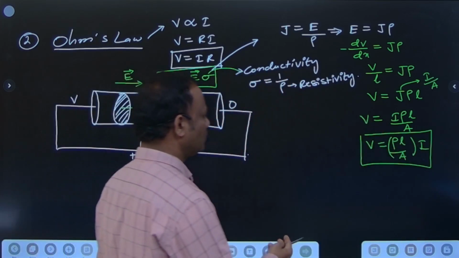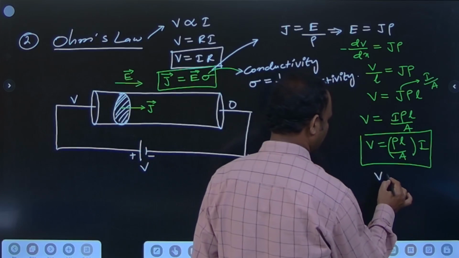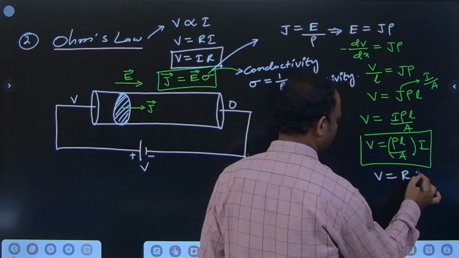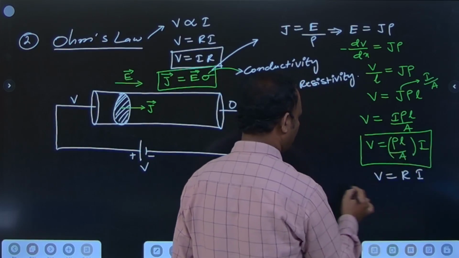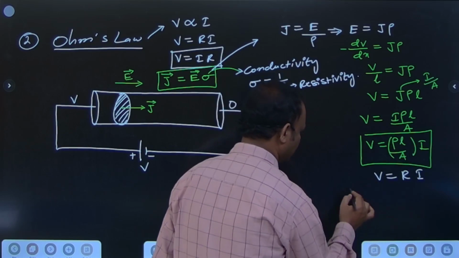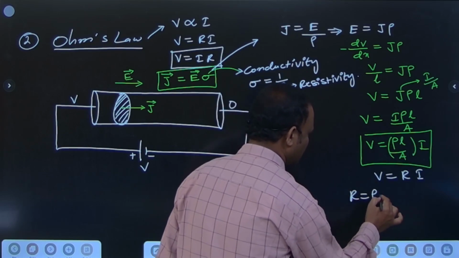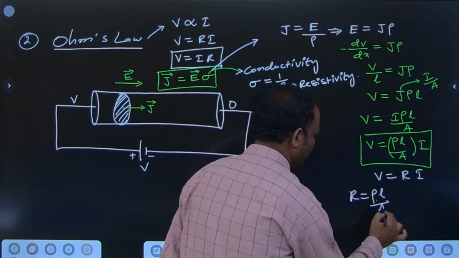This is in the form V is equal to R into I. So what is the R? Resistance. Resistance R is equal to rho into L by A.